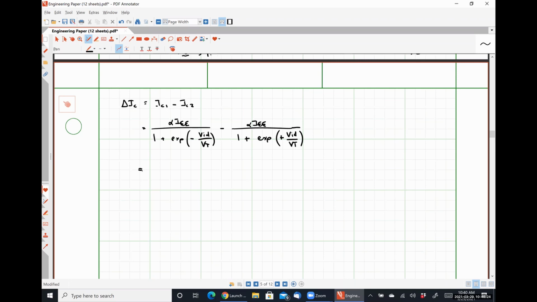I'm going to split this exponential up by effectively introducing another factor of 2 into the denominator. I'm going to factor that out of both the constant 1 and the exponential function. So here I'm going to have EXP times negative VID over 2 VT.